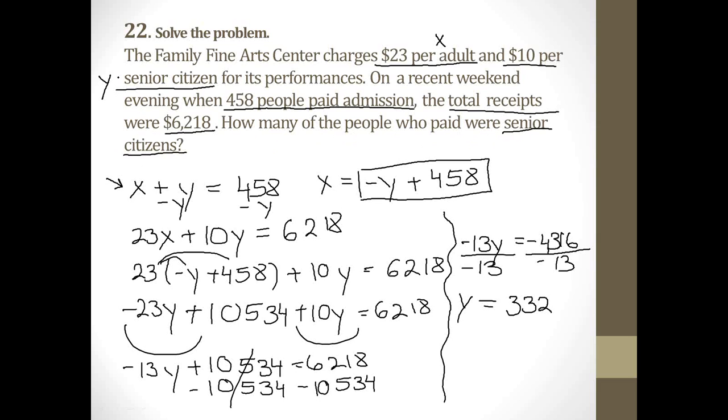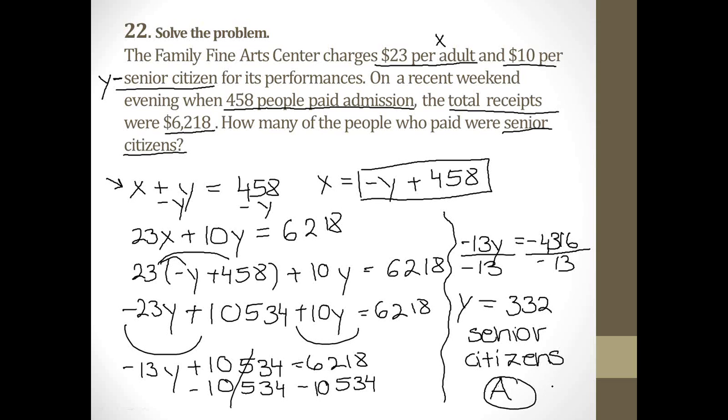And we called our senior citizens Y. So this number represents our senior citizens, which means we are done. We actually do not have to solve for x in this question. And if you look at your review packet, this is answer choice A.